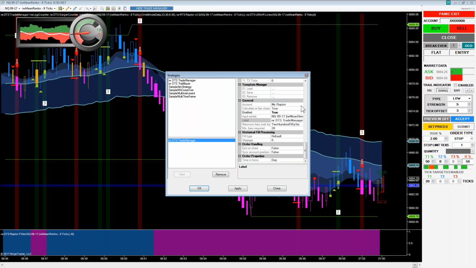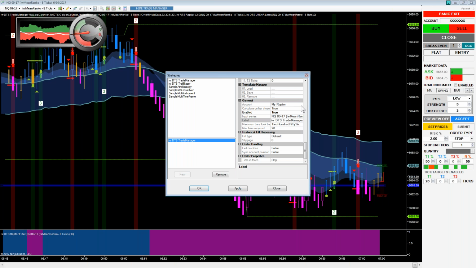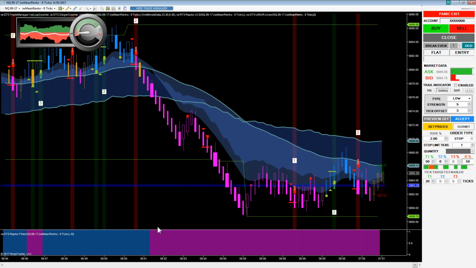You'll pull from the drop-down menu to get the account that you want. And you'll just select your account number. And then you'll be trading your funds. Trade manager will resort to your funded account.